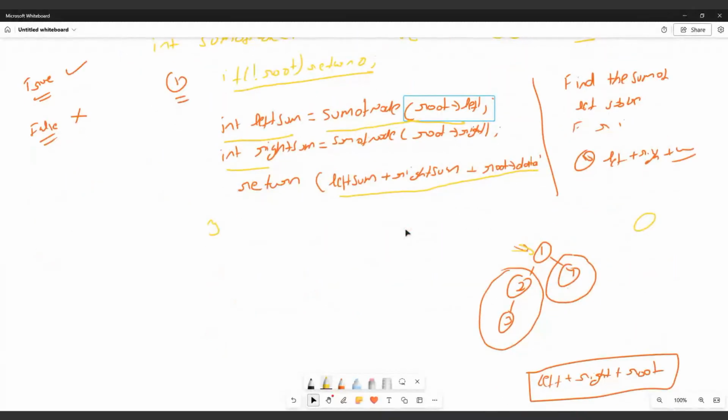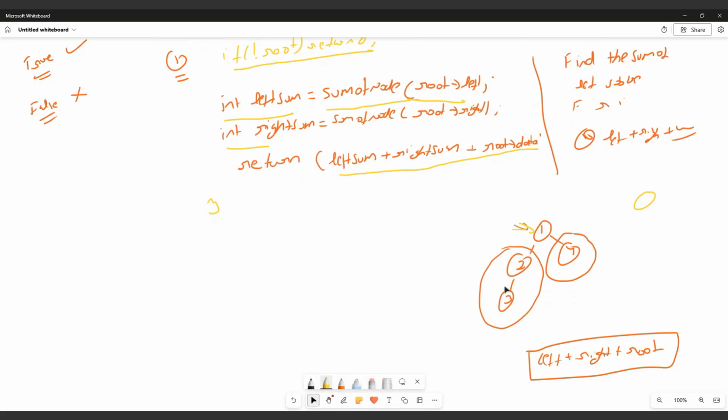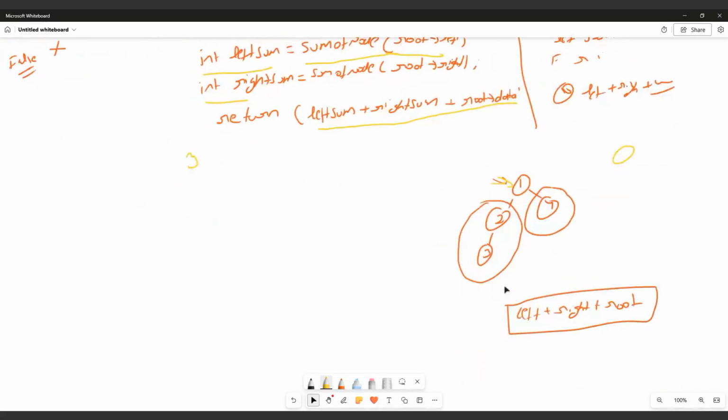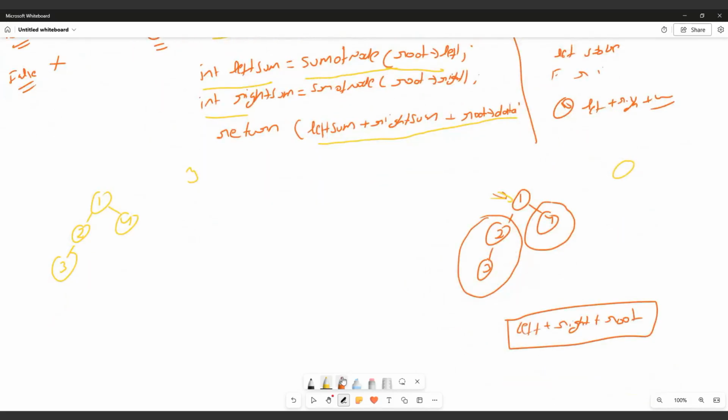Okay, class. So let's do the dry run for it. We have a tree 1, 2, 3, 4, and this is our piece of code. Initially we have 1, which is not null, so we call the function and find the value.